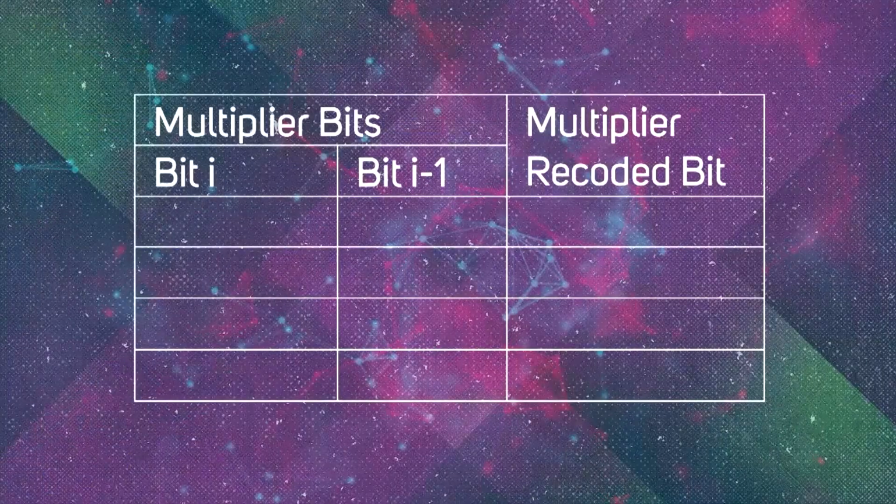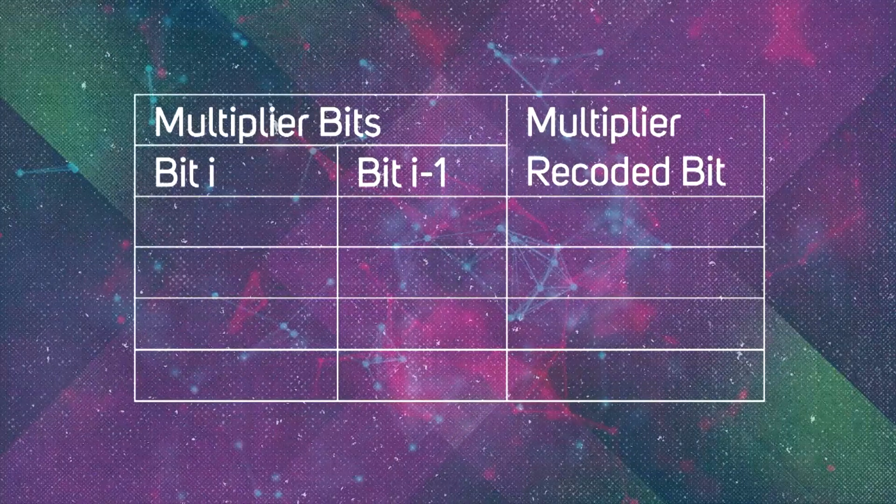Booth's technique is again modified to speed up the multiplication process. Bit pair recoding was the technique for faster multiplication in Booth's algorithm. In this method, the multiplier bits are paired and assigned a new bit for each pair. That is how the multiplier was recoded. The table shown here is the Booth multiplier recoding table.